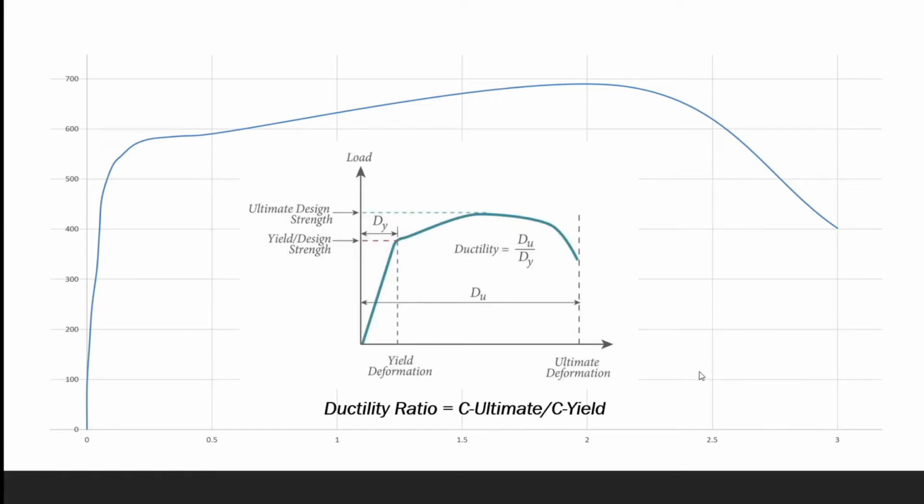From this observation, we can also calculate some other important quantities which are very useful. One of the most important is the ductility ratio, which is a measure of how much ductility is available in the cross section with respect to the yield deformation. We can take a ratio of the maximum curvature over the yield curvature, or the curvature at any point with respect to the yield curvature, and call it a ductility ratio.